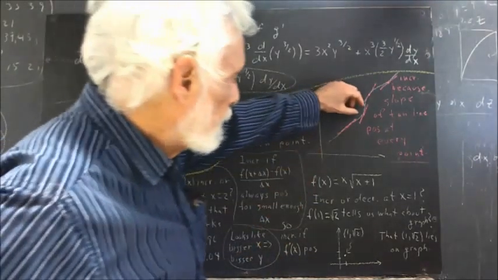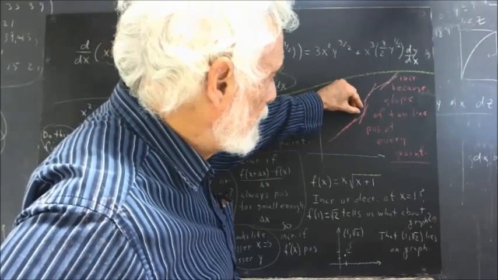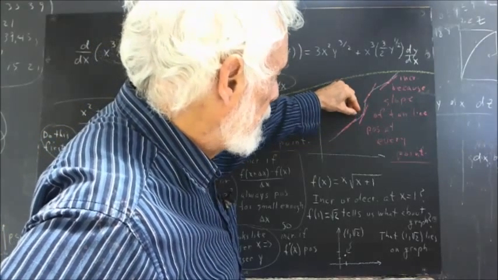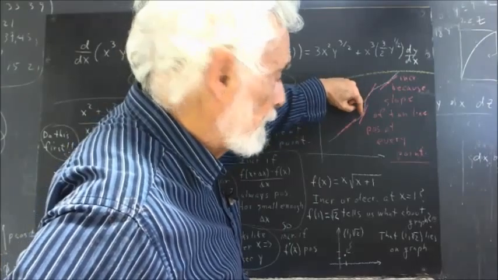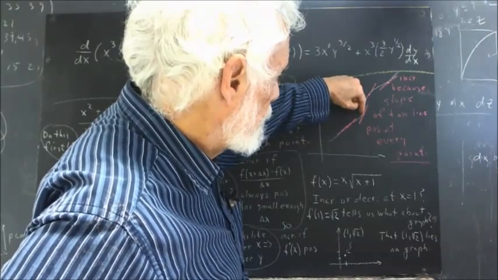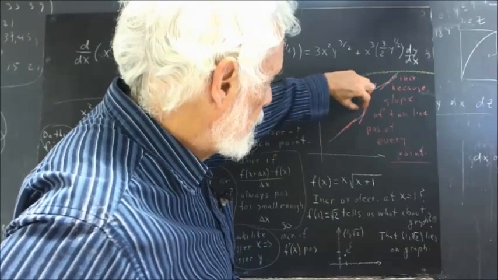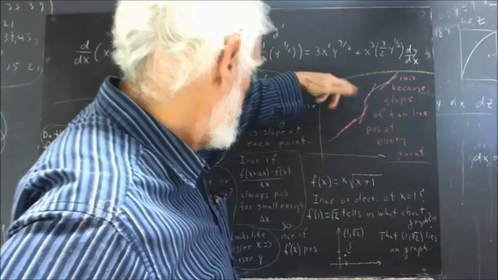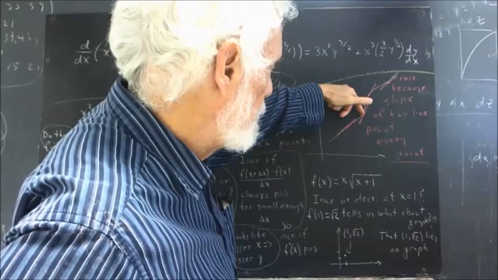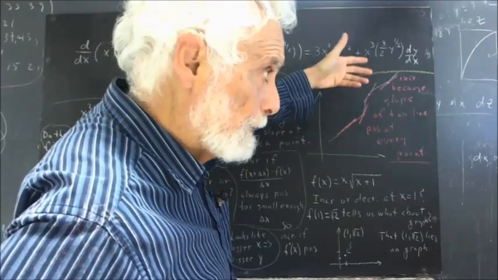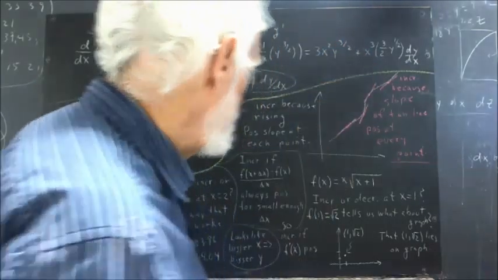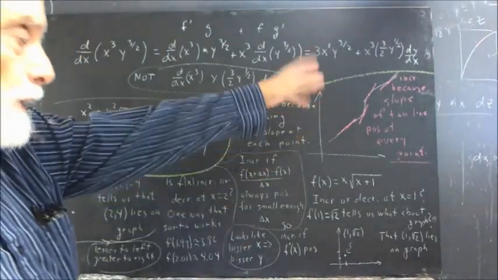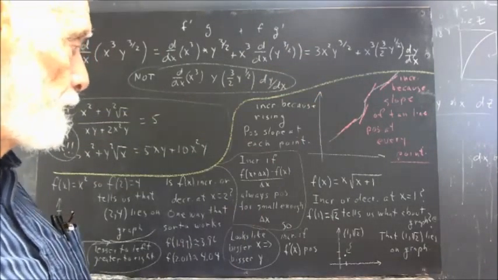It means you can always find some horizontal distance about the point on the graph within which the slope between any 2 points is always positive.